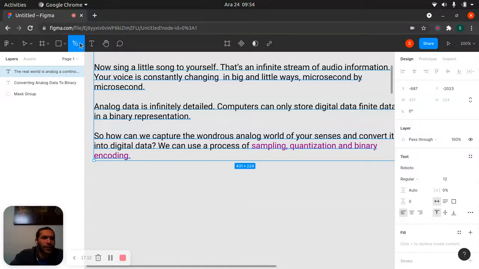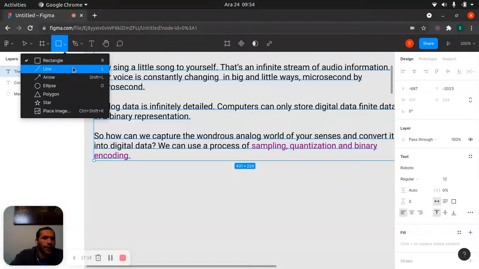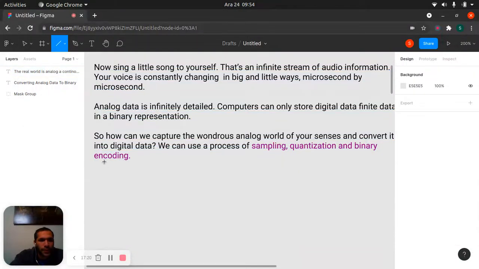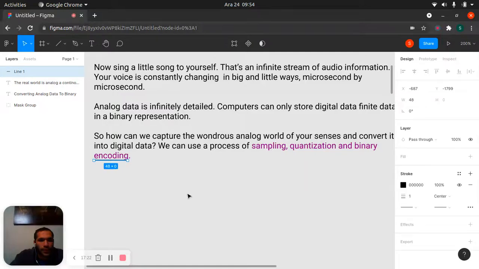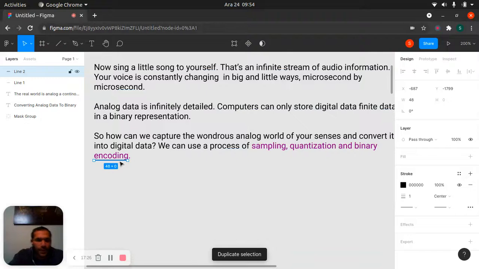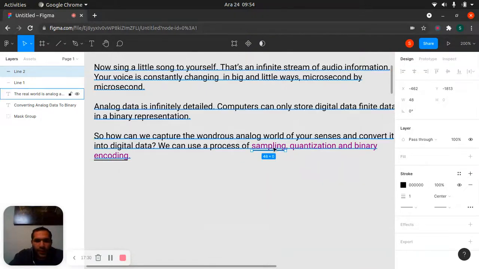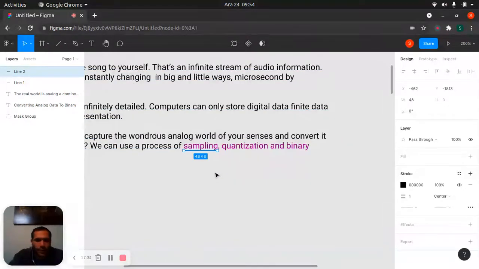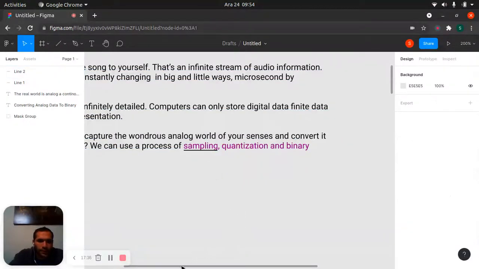Just come here, maybe here, and make a line. Okay, do this one here, and let's duplicate it. I will put also here because really they are important. Oh no, what happened? Come down.